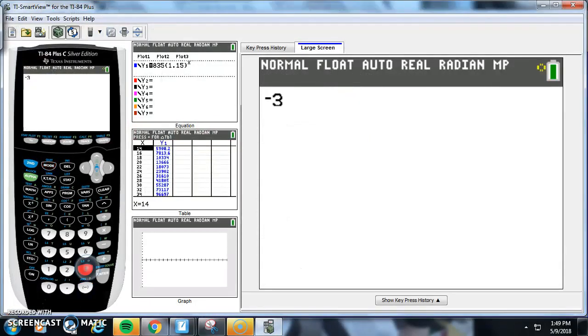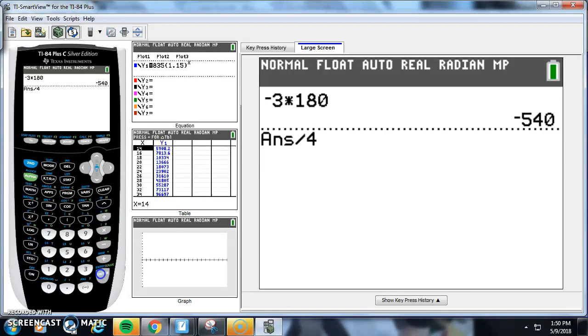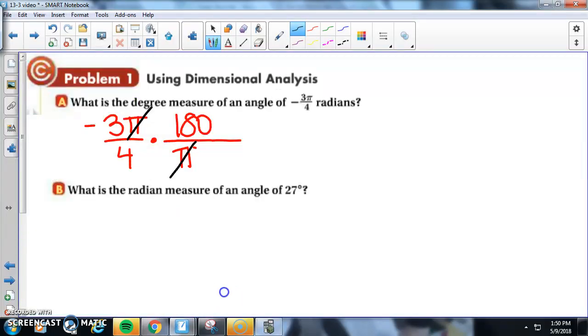I get negative 135. So this is equal to negative 135 degrees.